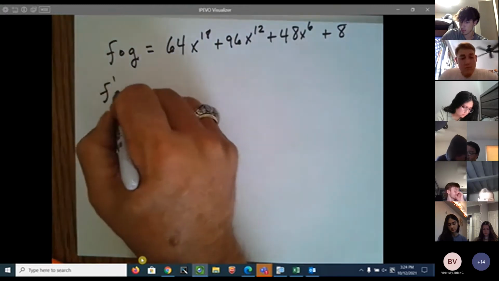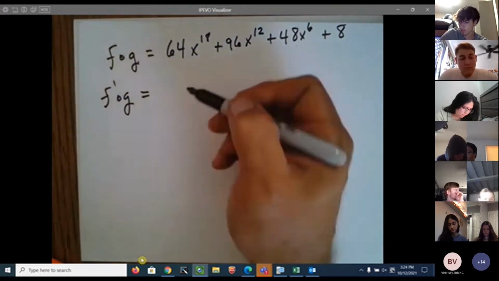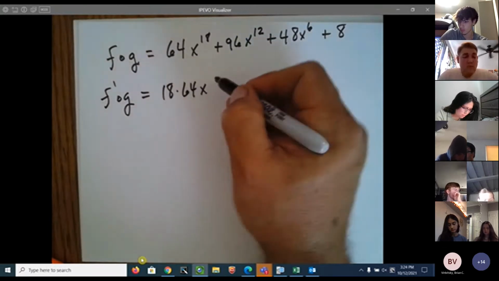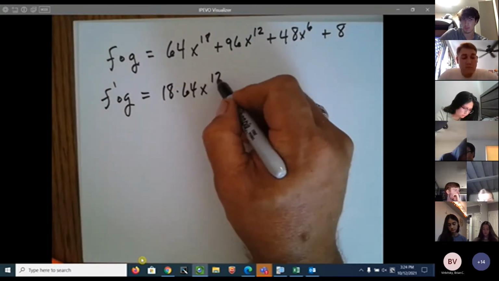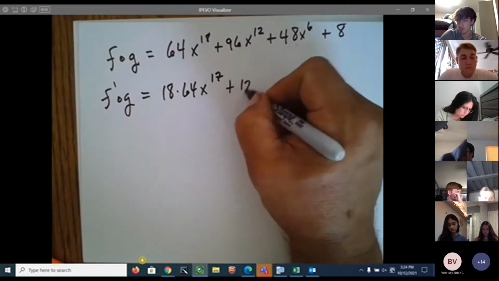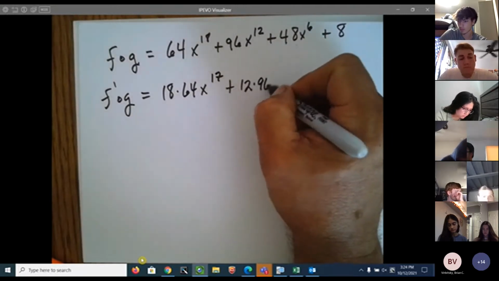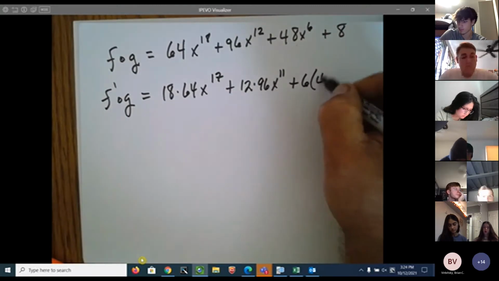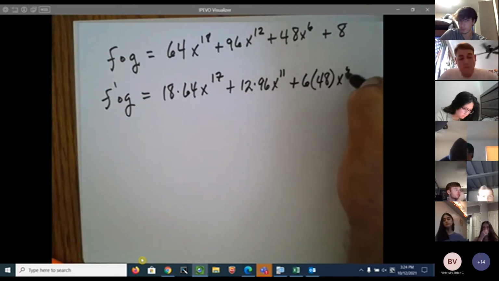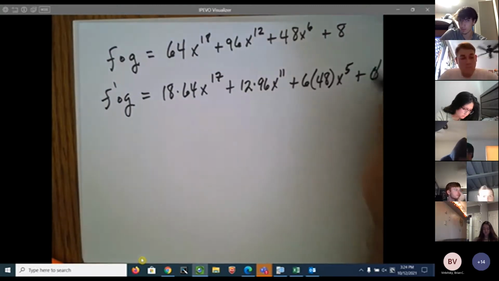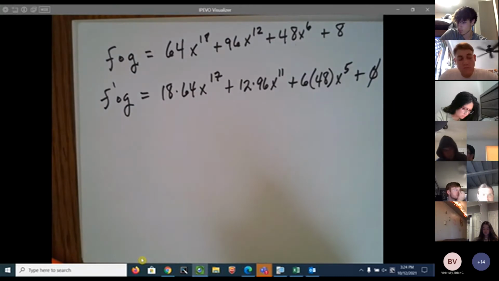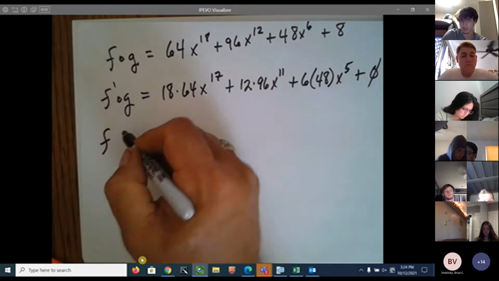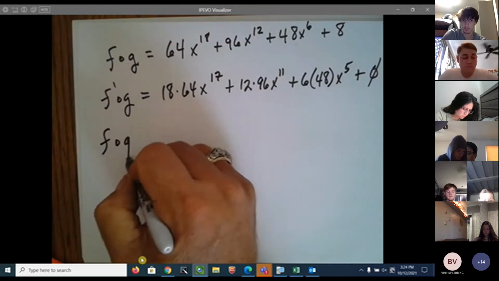The derivative is going to be 18 times 64x to the 17th plus 12 times 96x to the 11th plus 6 times 48x to the 5th plus 0. I don't know about this. If this is a homework problem, they should have their tails kicked for asking it.